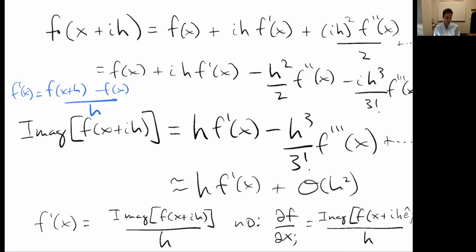Now contrast that to what we're doing here. Notice I'm not subtracting two numbers. I evaluate the function once, and I just take the imaginary part of that. I didn't have to subtract f of x. I didn't have to subtract two numbers. So I actually don't run into the subtractive cancellation error. That means we can make h basically as small as we want, avoiding underflow in the computer.